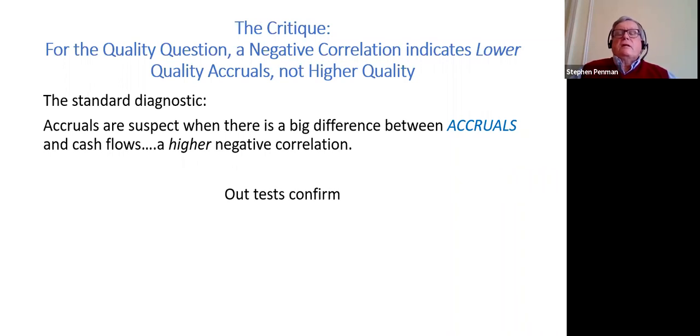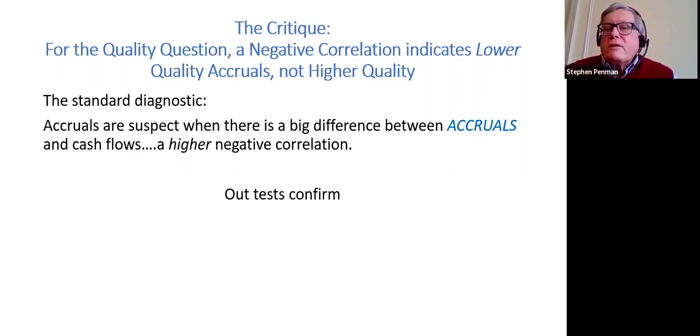then the thing is that this negative correlation, the higher the negative correlation, the more the quality of the accruals. But this picks up on Young's point earlier, that actually when the accruals are far away from the cash flows, then we deem them to be poor quality accruals. Okay, and we'll see the results there. It goes in actually the opposite direction.